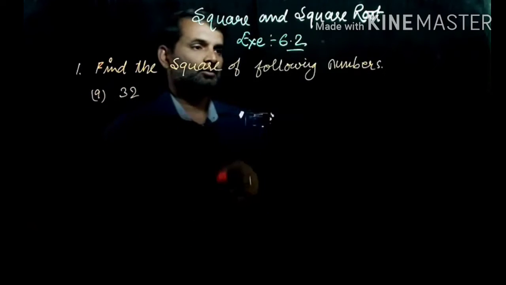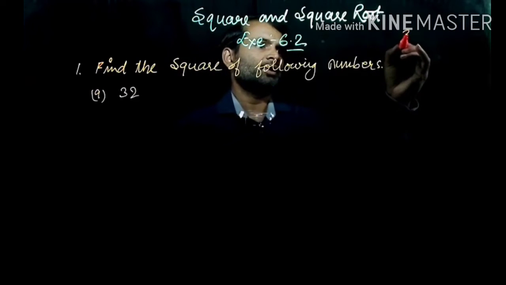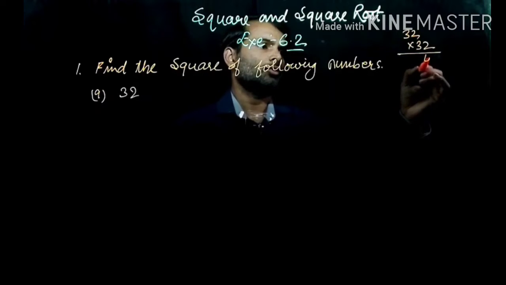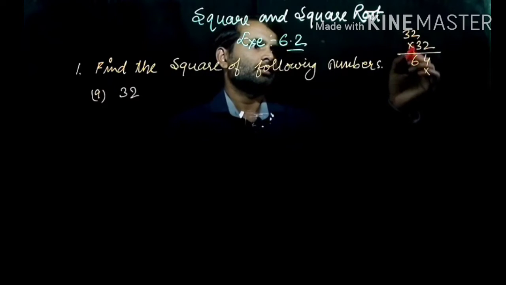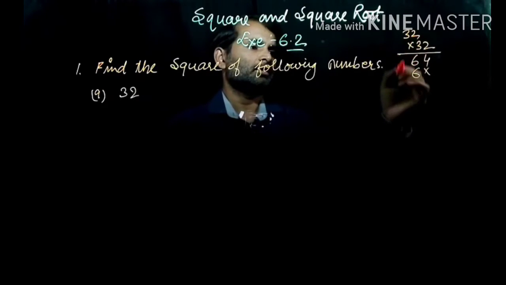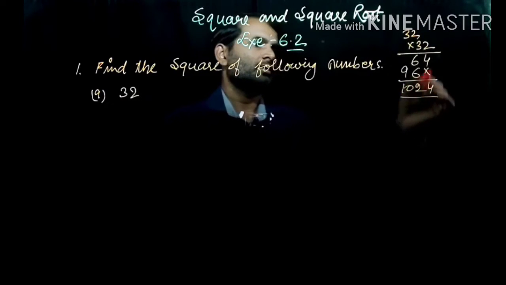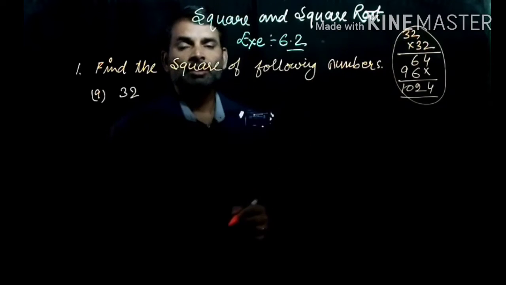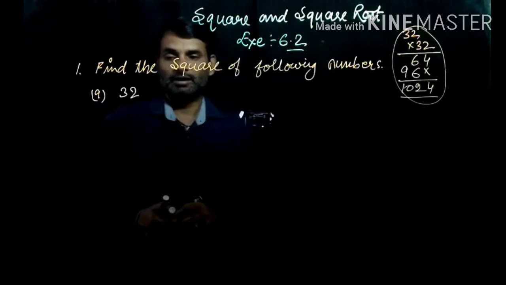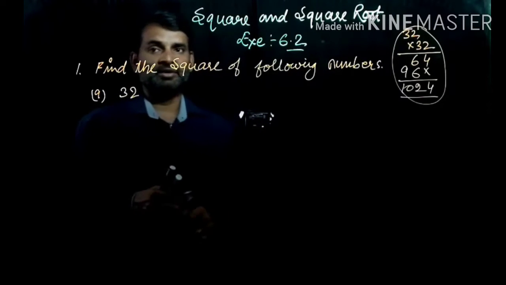In the previous class you found the square simply as 32 into 32. Two 2s are 4, two 3s are 6, two 3s are 6, 3 3s are 9, and 4 2s, 1 0. This is the simple method from the previous class, but in standard 8 we use the algebraic identities.